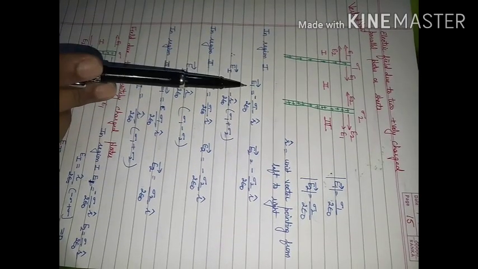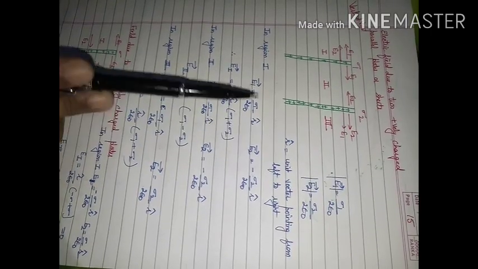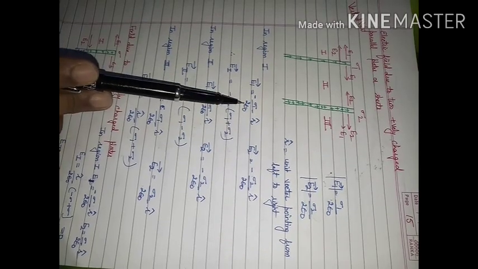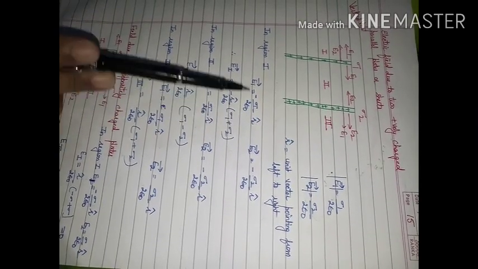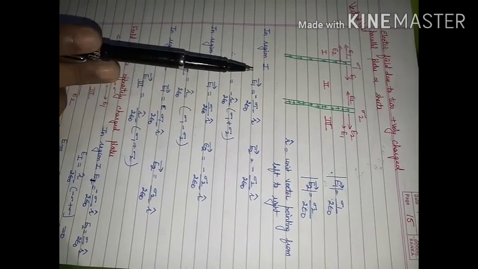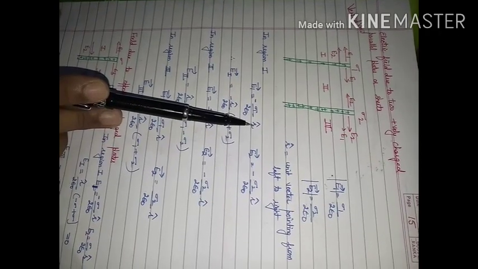So when I write E1 using R cap, the formula will be E1 vector equals minus sigma 1 upon 2 epsilon naught R cap. What is the significance of the negative sign here? The significance of the negative sign is that E1 and R cap are acting in opposite directions.